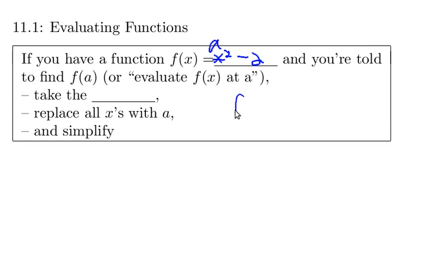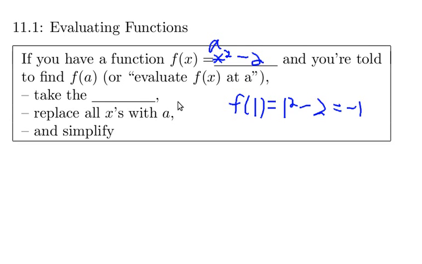So if we have f of 1, then we'd have 1 squared minus 2, which is going to give us negative 1. So that would be f of 1. We've evaluated f of x at 1.